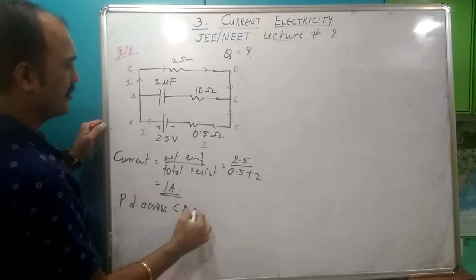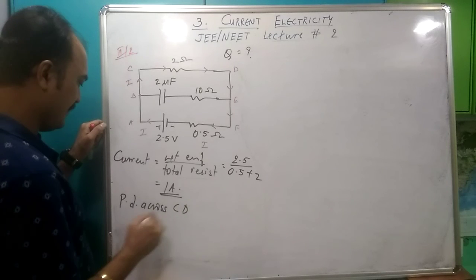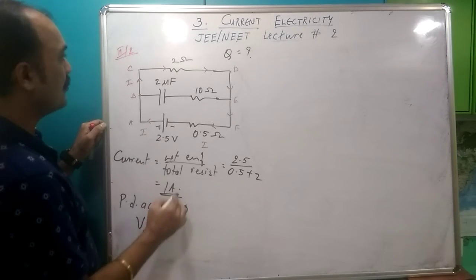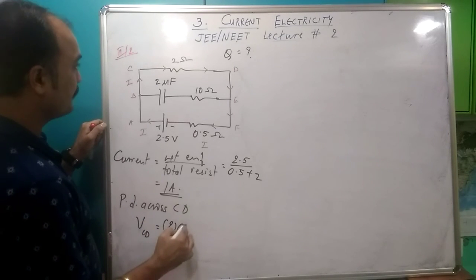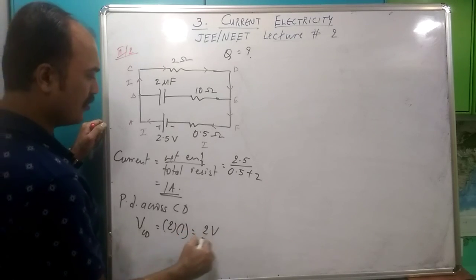Now PD across CD, C और D के अक्रॉस PD कितना है, V_CD is how much, 2 into I, 2 into 1, that's 2 volt.